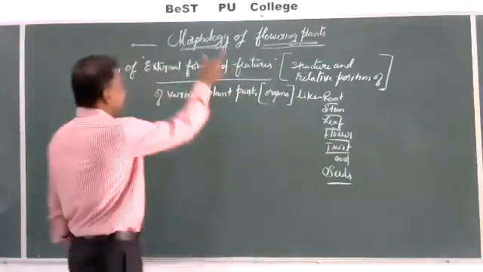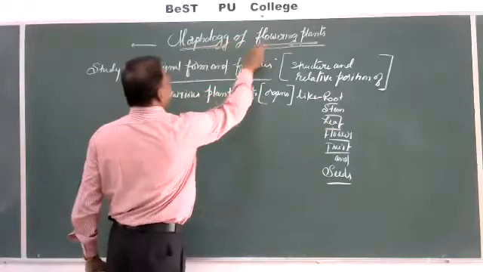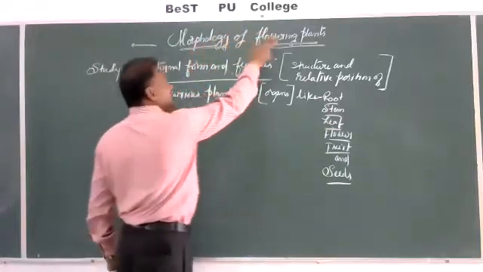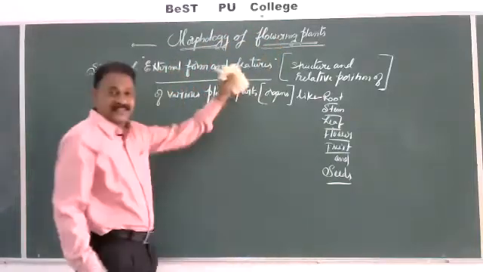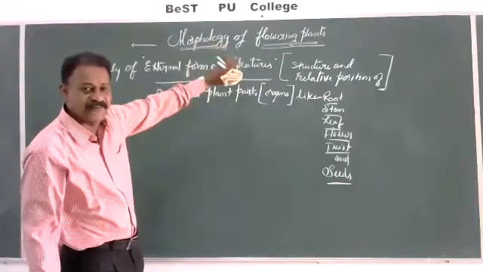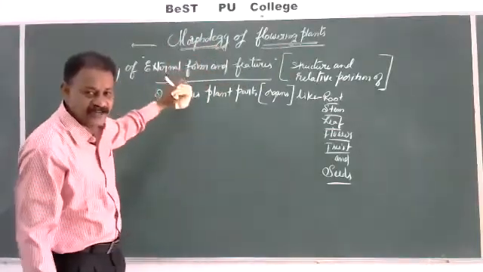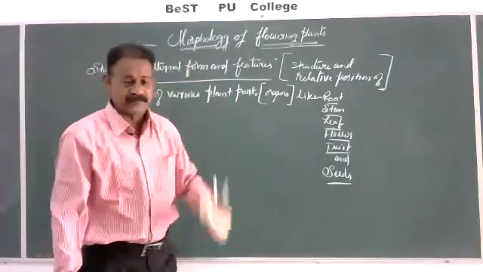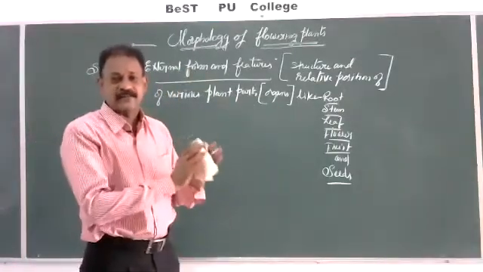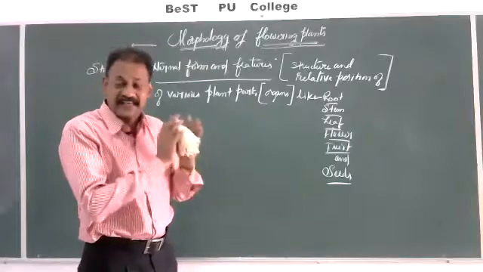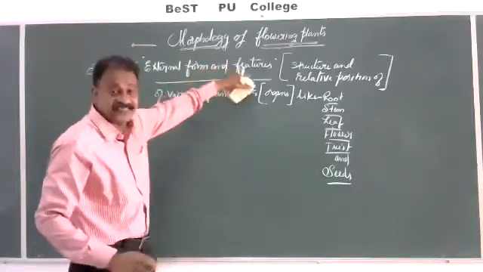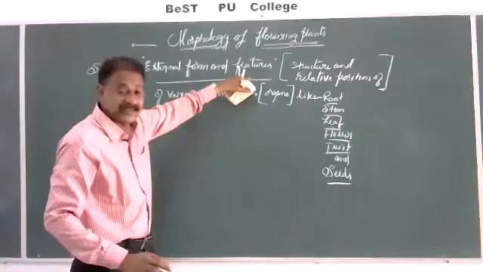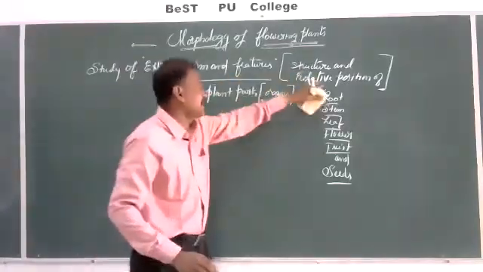So morphology of flowering plants, or morphology of angiospermic plants, means you are going to study the external form of each and every particular plant. So what is its size, shape, nature, everything, and features, meaning structure and relative positions.